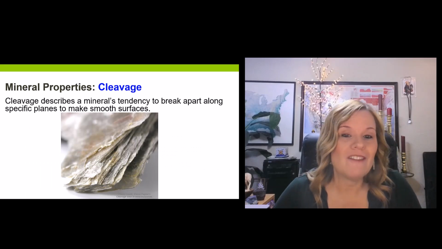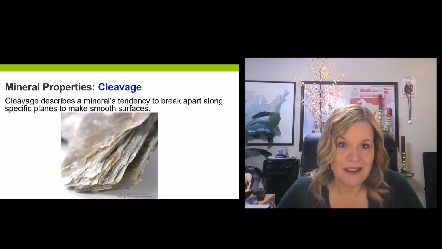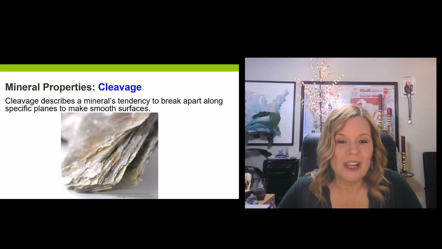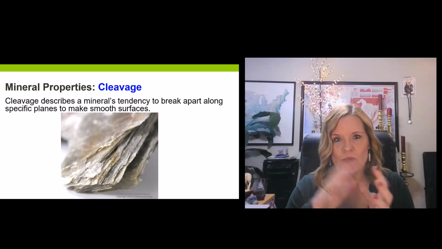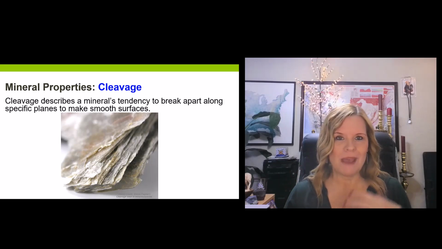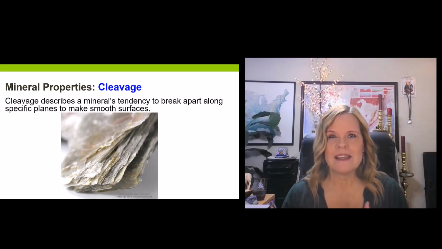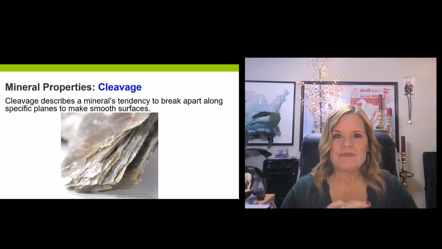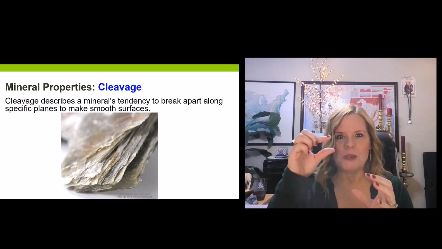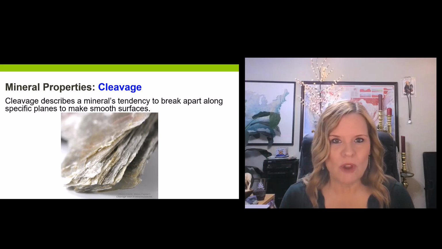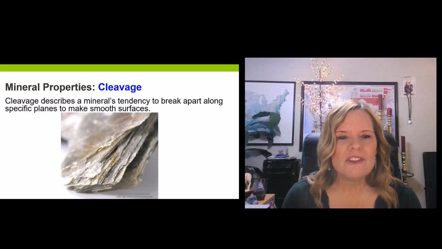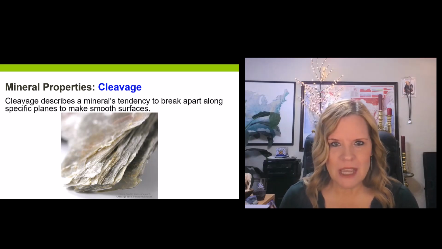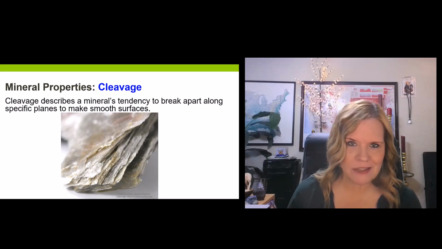Another important mineral property is cleavage and fracture. Cleavage is basically how a mineral breaks apart. Going back to that galena, the silver one you saw a second ago, it broke into blocks or layers, which would be really great cleavage. So cleavage describes how the mineral tends to break apart along specific planes.